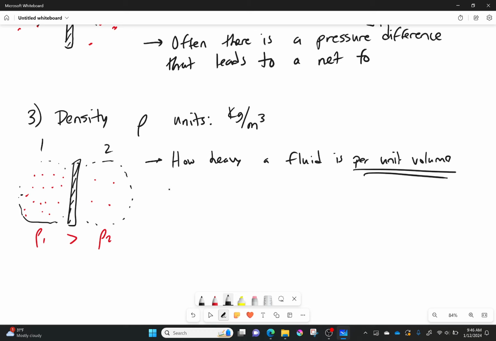We can think about it as simply how many molecules are stuffed into a particular space.